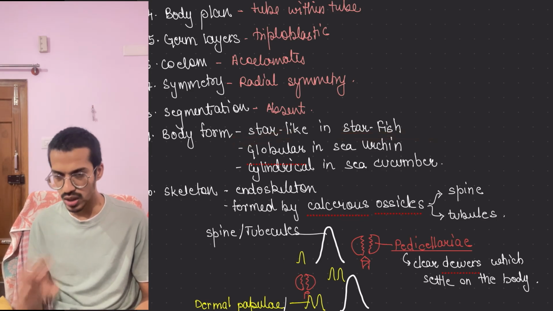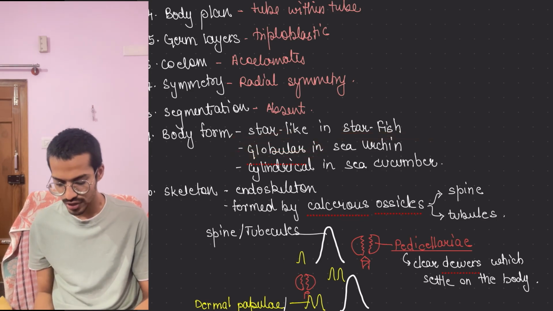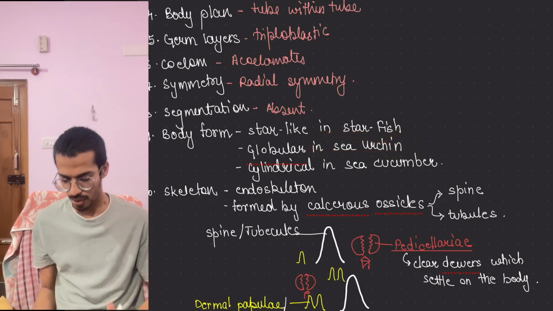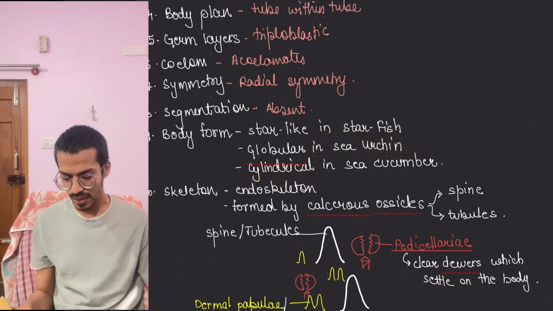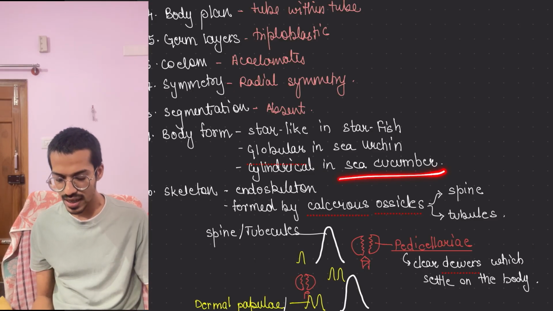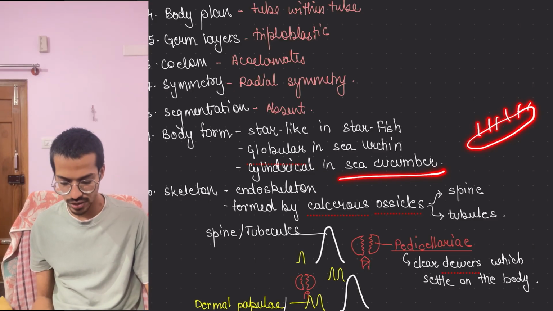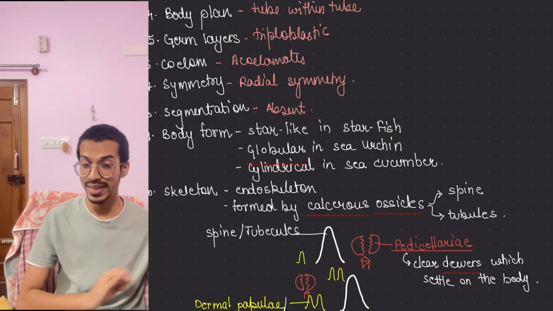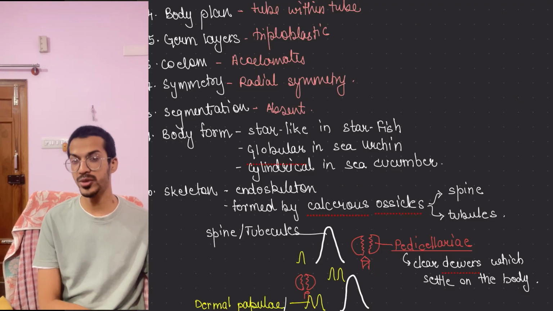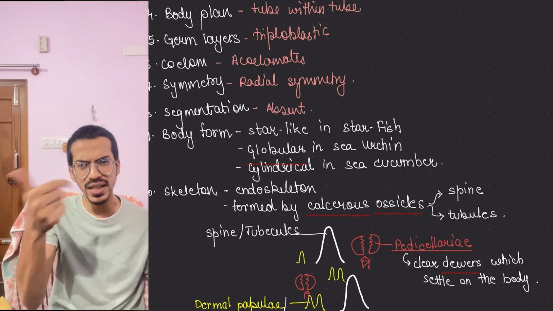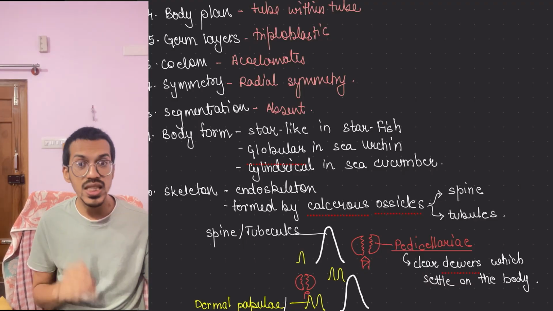It could be globular, meaning circular, as in sea urchin, which has a lot of spines coming out from it. Then we have cylindrical, meaning long and tube-like, like sea cucumber, with a lot of spines present on it. Sea cucumber is a delicacy eaten in Japan, South Korea and those areas, and they are being overly hunted for it.